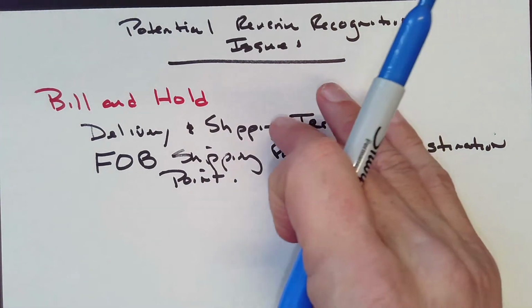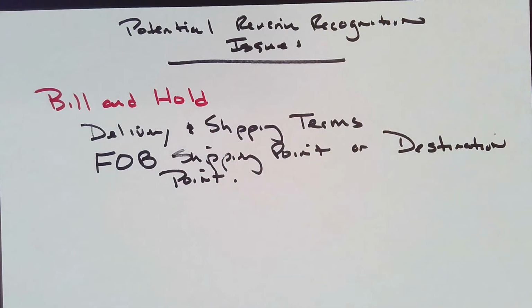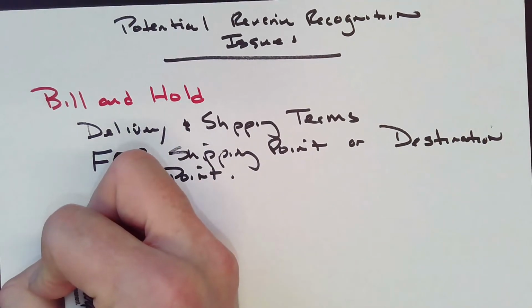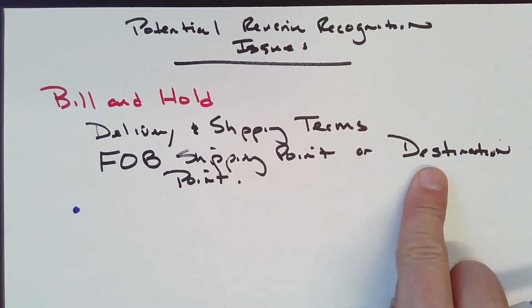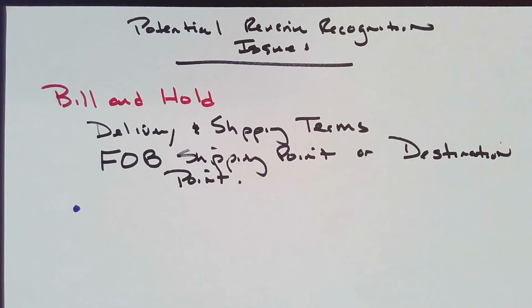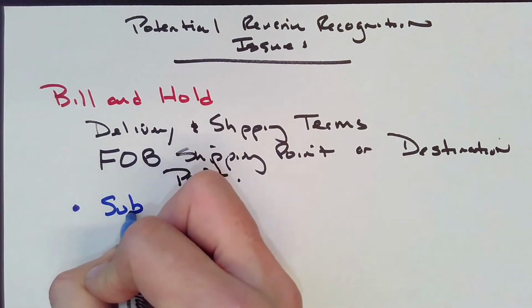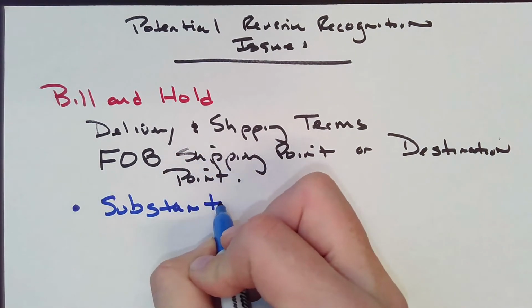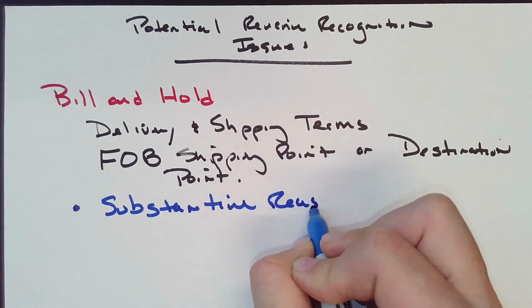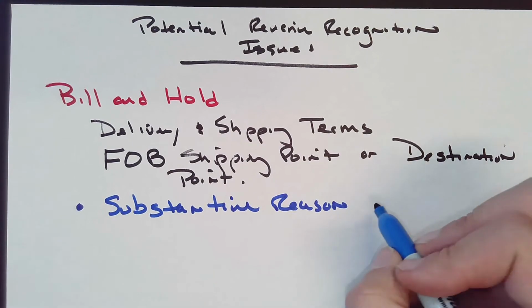So we'll look at shipping terms and we'll look at things of control. Do they have control? Do they have the insurable risk? And there are four things that have to exist if we haven't shipped it. If it hasn't gone to the customer, then there are four things that have to exist. First of all, there has to be a reason, and it has to be a substantive reason for the bill and hold arrangement.